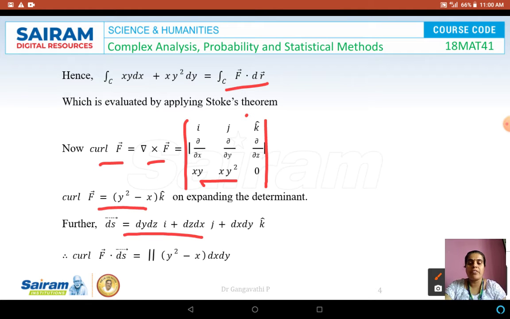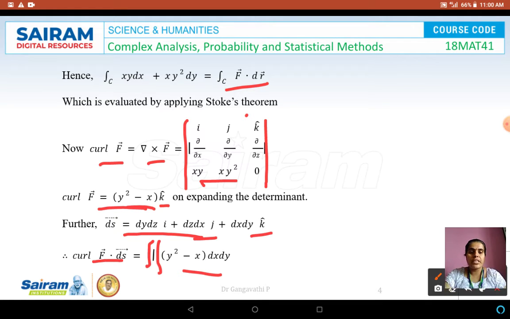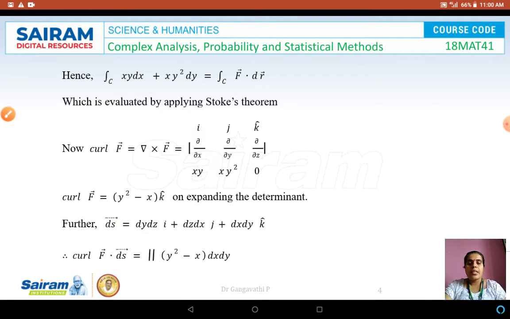We all know that very well. Consider curl f dot ds. Only the k component exists, the remaining two terms become 0. So we get curl f dot ds is (y square minus x) dx dy, performing the dot product.